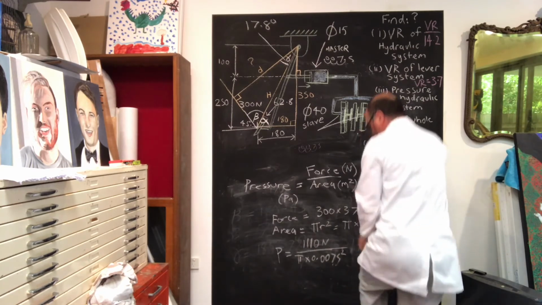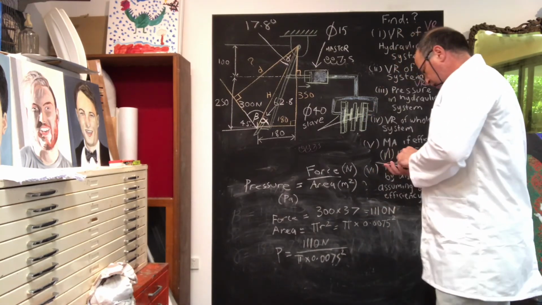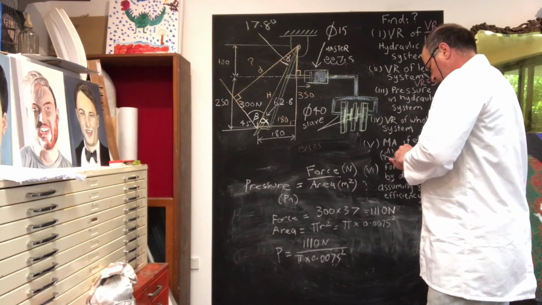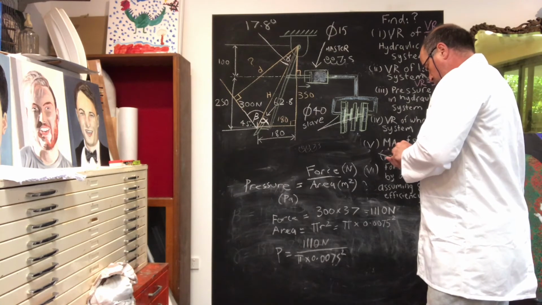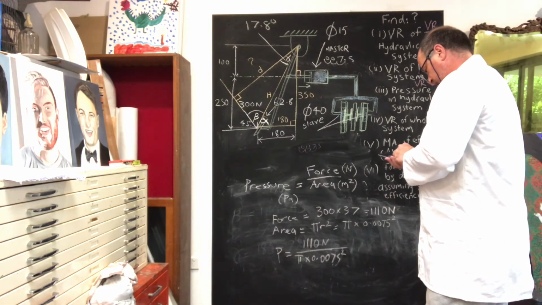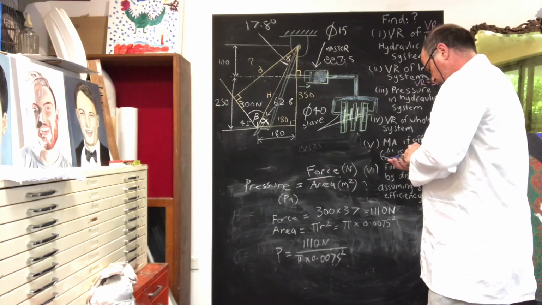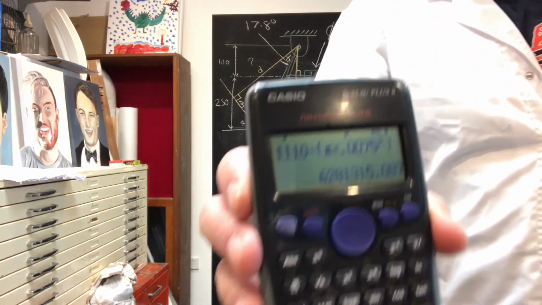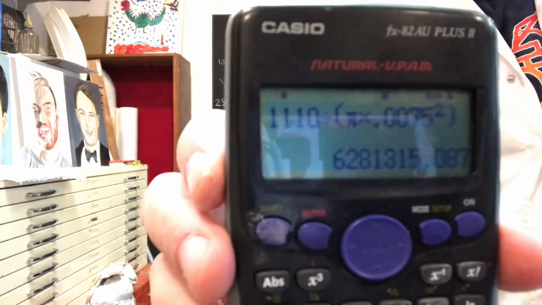Plug it into our calculator, we go 1110 divided by pi times 0.0075 squared, close bracket, equals, we end up with a really big number in pascals, huge. Let's have a look here, can you see that?